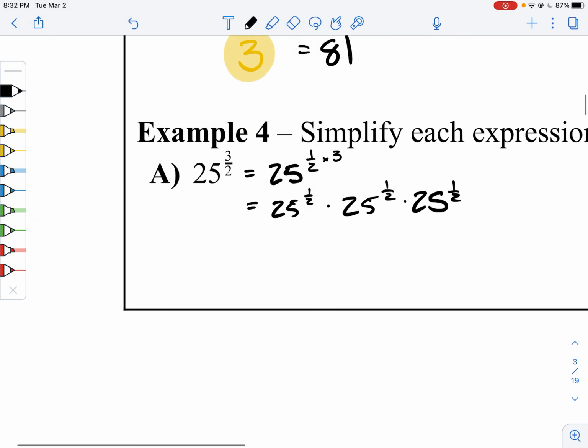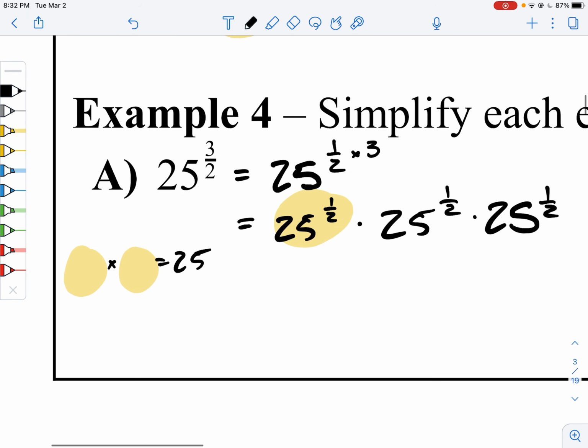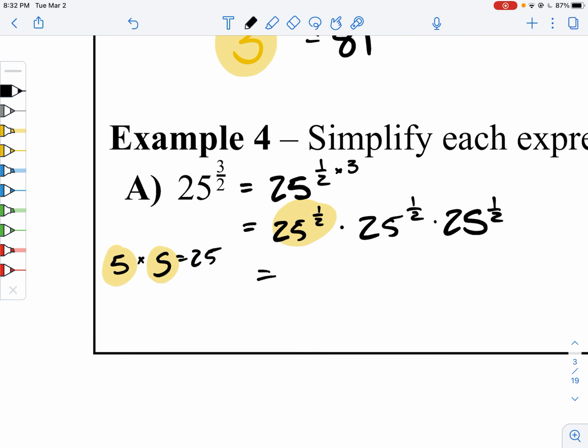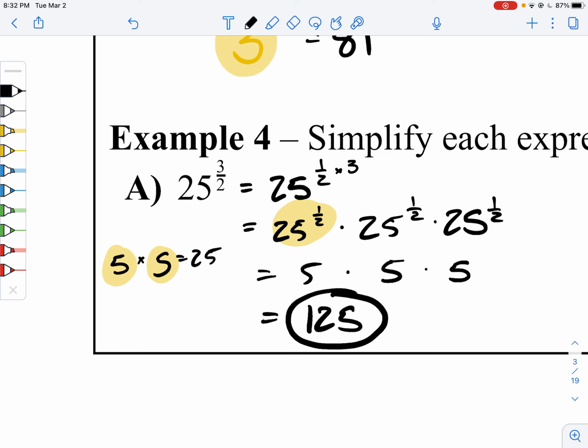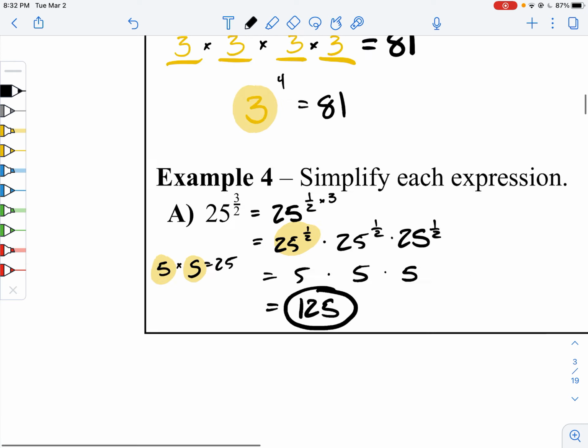And 25 to the 1/2 power, well, we're trying to find something times something equals 25. That was twice. It's 5! Yay! Okay, so that's 5 times 5 times 5, which is 125. Ta-da!